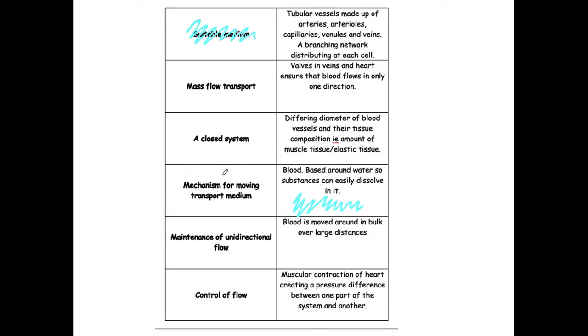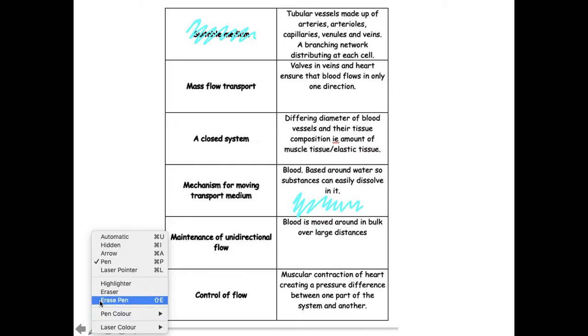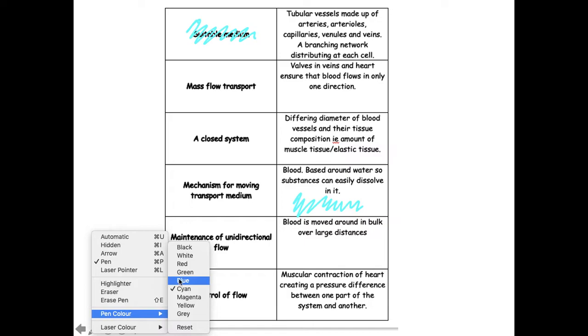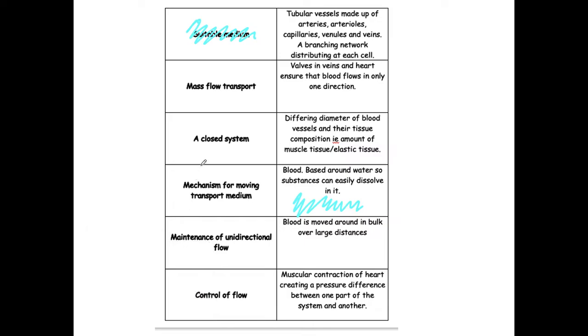A closed system. Let's change our pen colour. See if you can spot another one. A closed system. We've got tubular vessels. Okay.